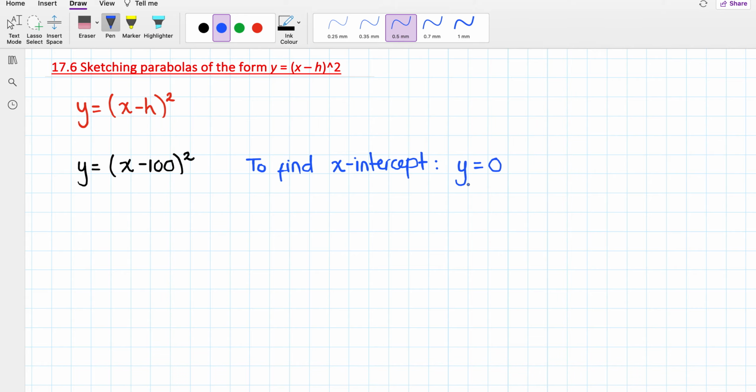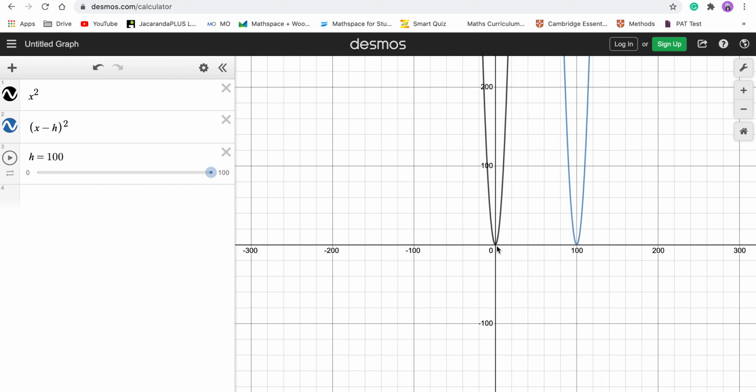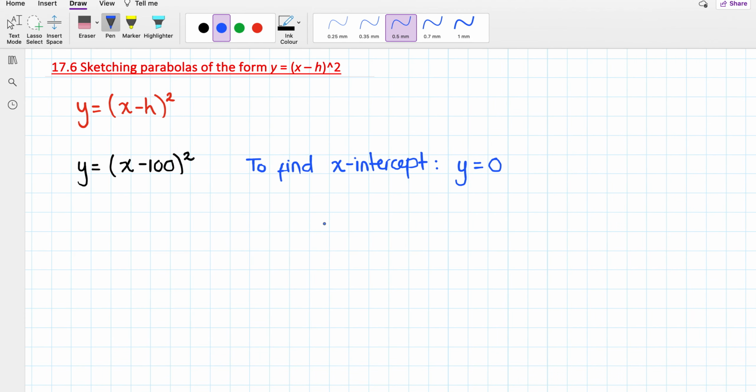Why is that? Remember that this is the y axis and this is the x axis. So we're finding where our graph is going to be when y is 0, because in this axis, y is 0. So I have this 0 here.